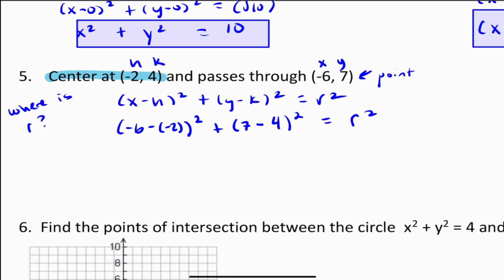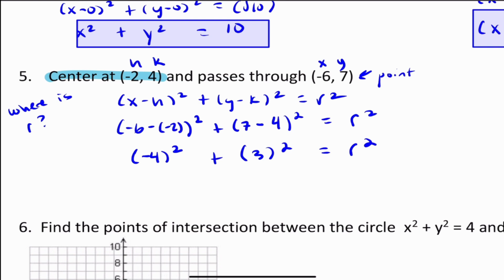is, what is that? So it's -6 plus 2, that's -4, quantity squared, plus 7 minus 4. Am I doing this right? -6 minus -2, that's plus 2. -6 plus 2 is -4. Good. So 7 minus 4, the quantity squared, is 3 squared, and that equals r squared.